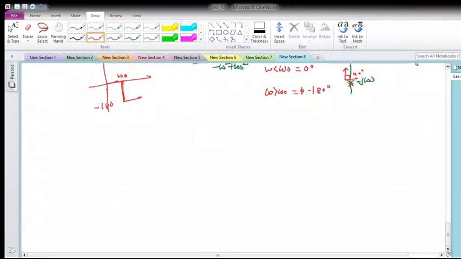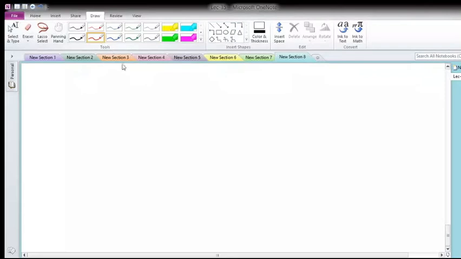Now let us consider a transfer function F of s, which will be s square plus omega 1 square divided by s square plus omega 2 square, and assume that omega 1 is less than omega 2.